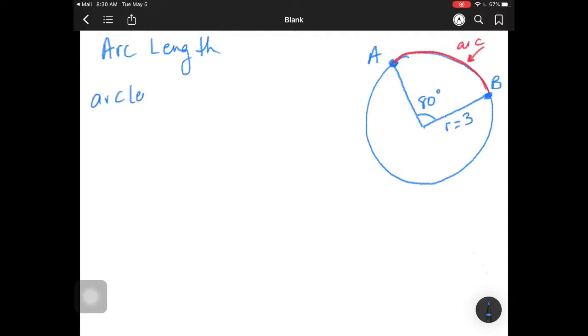Arc length divided by the circumference, and remember what we said about circumference. Circumference or perimeter is the same as 2 pi r, 2 times pi times the radius.